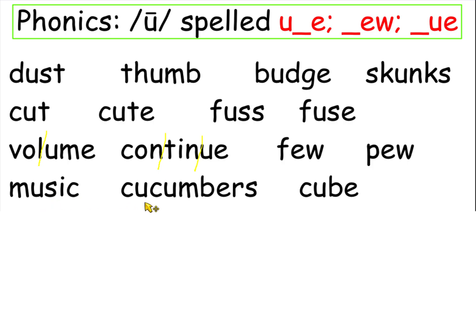This is a long. Cucumbers. Cucumbers. For more than one, you add an S. Apostrophe. Remember, do you? And this one you should know because we're doing this in math. Cube.